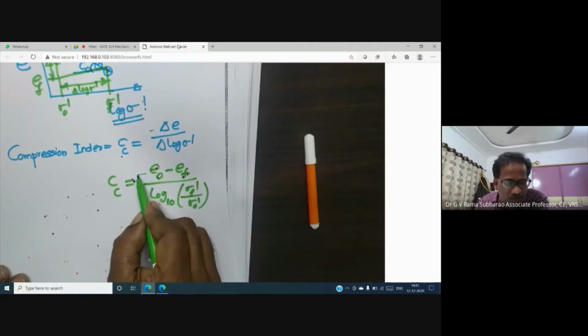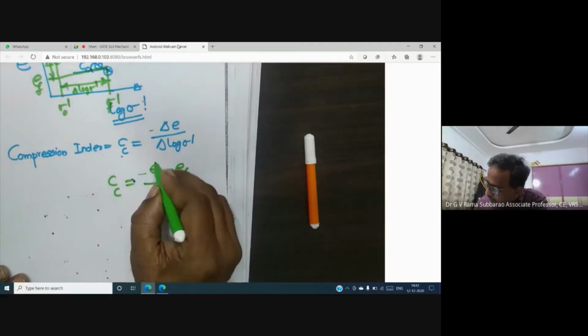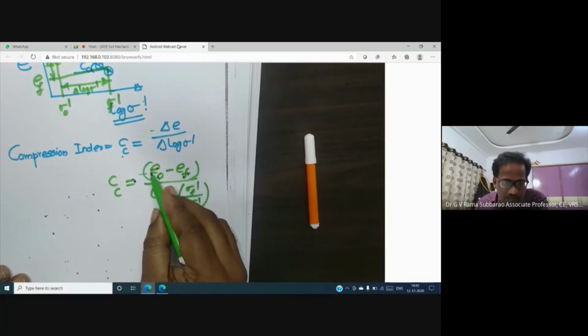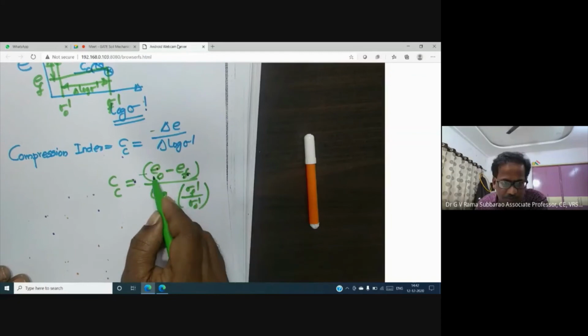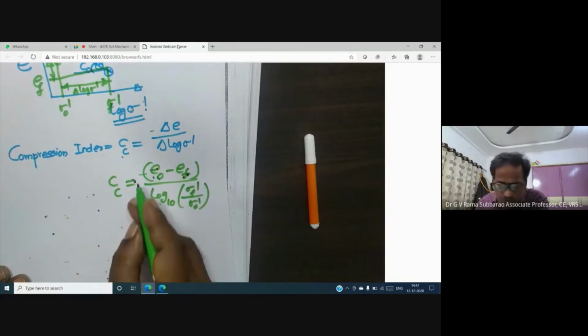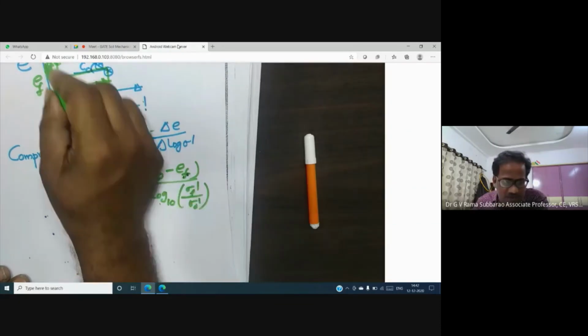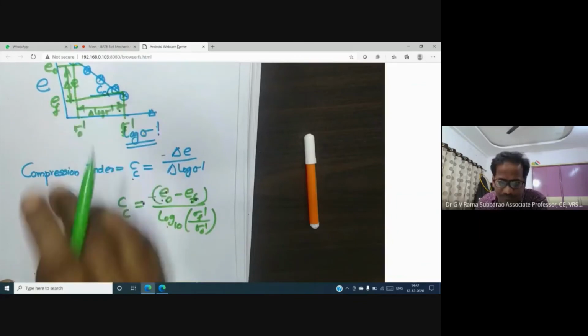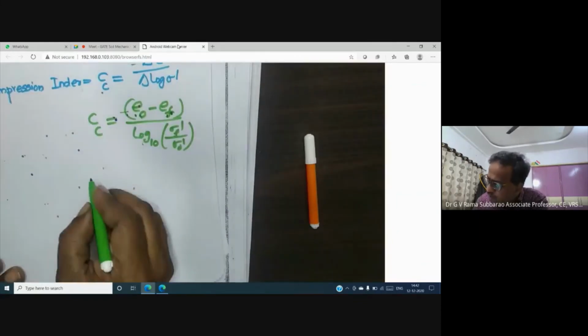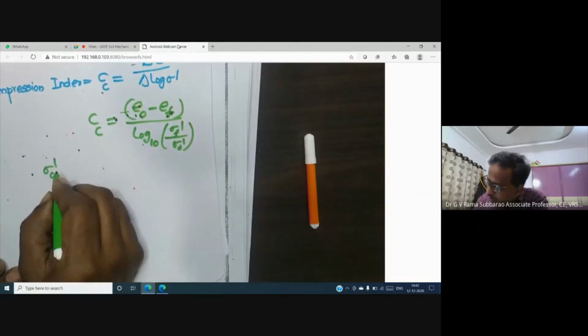This time I am saying goodbye to minus because I am deducting the final void ratio from the initial void ratio. Then there is no issue with minus. So once again, this minus indicates that as the stress increases, void ratio decreases.